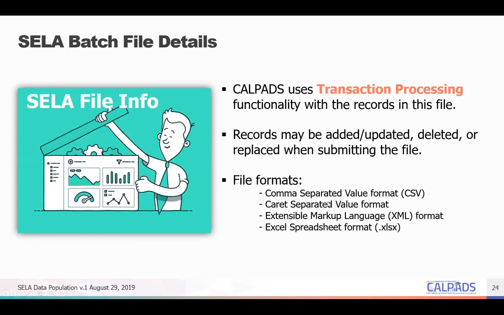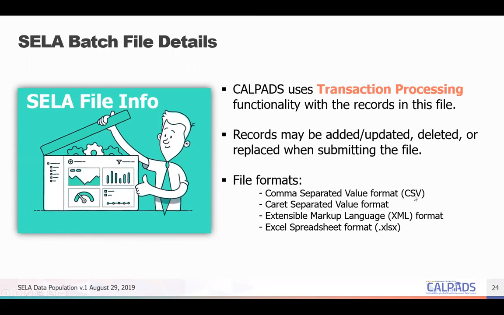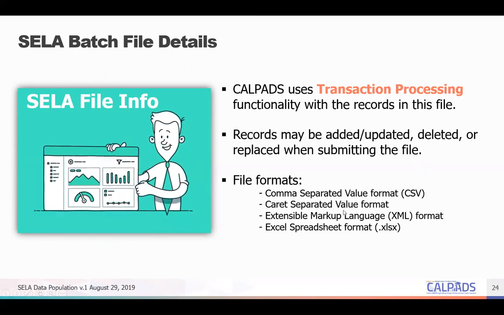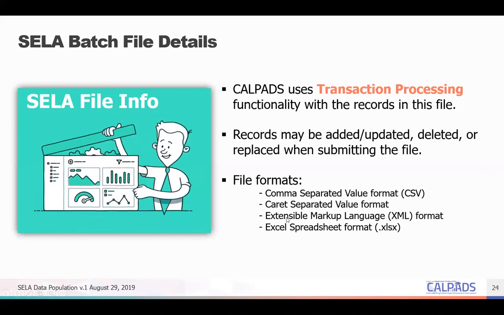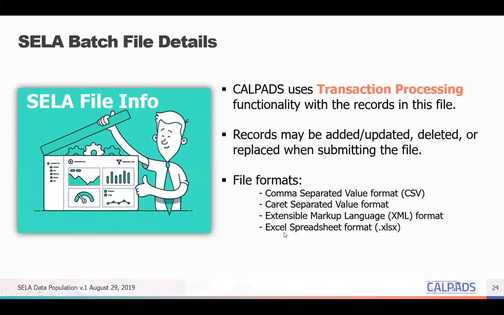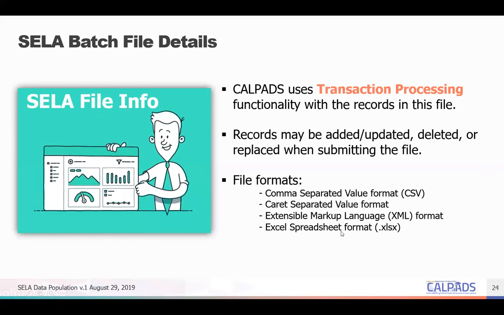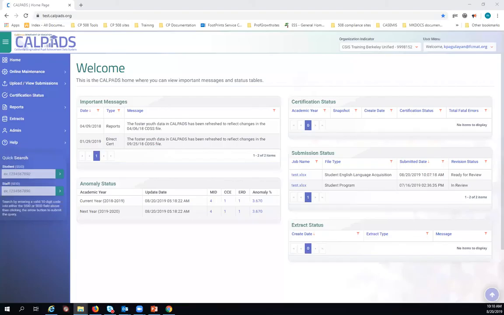The acceptable file formats are comma separated value format or CSV, caret separated value format, which comes in a text file, XML, or the updated version of the Excel spreadsheet, which is .xlsx. If you opt to submit the SELA records a faster way, you should do the batch file process instead.